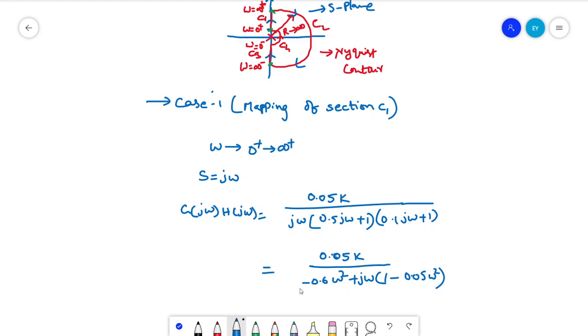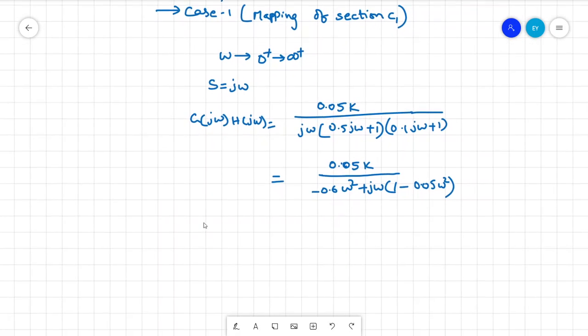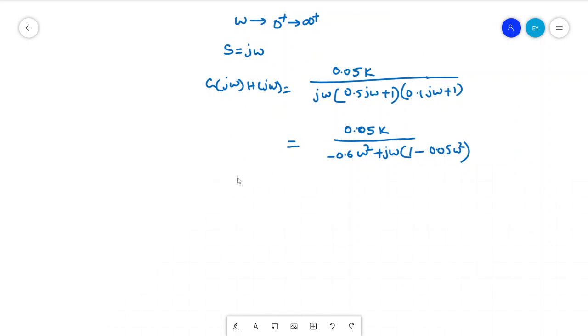When the locus of g of j omega and h of j omega crosses the real axis, the imaginary term will be 0. We discussed this while explaining the polar plot, the first method. In the polar plot we discussed two methods. In the first method, if the locus is starting on the imaginary axis and intersecting the real axis, the imaginary part should be set to 0, giving the frequency at which it intersects the real axis.